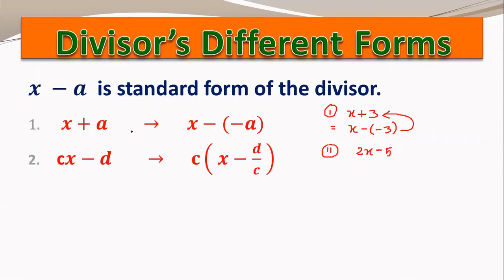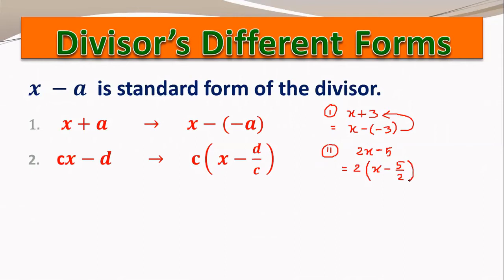So the coefficient of x in 2x minus 5 also should be converted into 1. For that, we take out 2 common. When we take out 2 common from 2x minus 5, there will be x at first, the minus remains the same, but there is no 2 in 5. So to keep it mathematically balanced, we write 5 by 2.